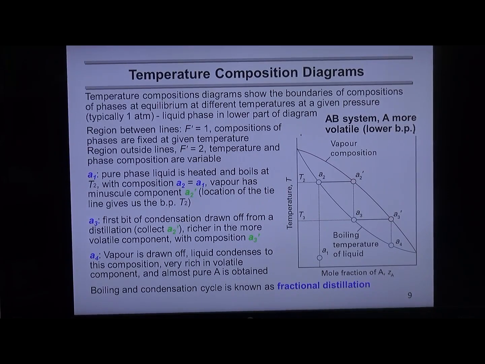You basically get pure substance A. That's the process of distillation. You collect the vapors, you condense it, and you evaporate again, condense it. You do it again and again, and you get basically a pure substance.